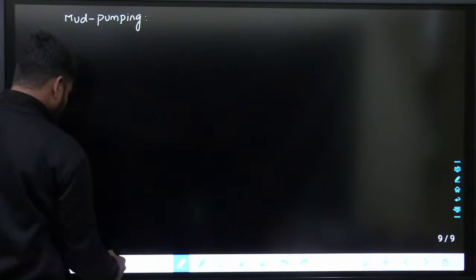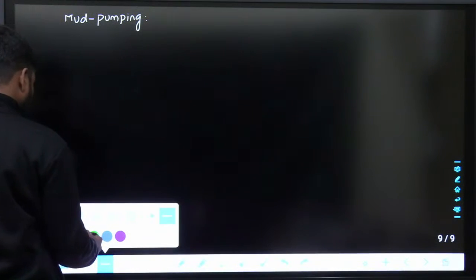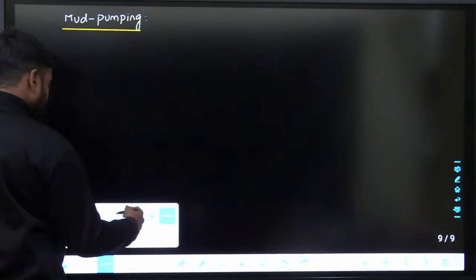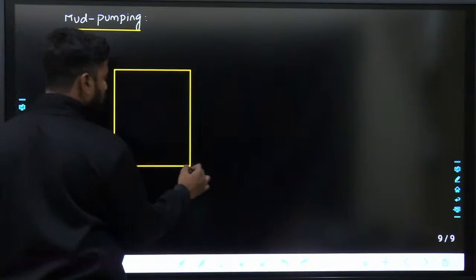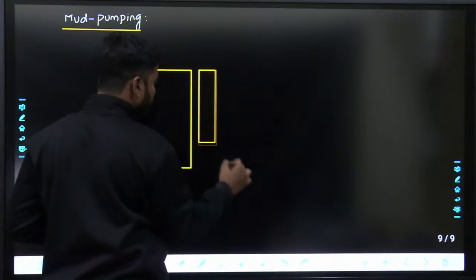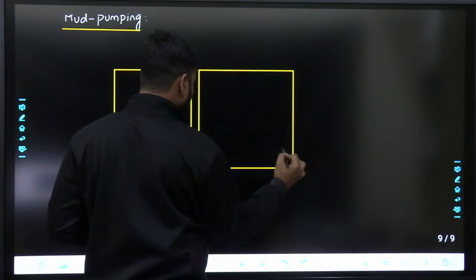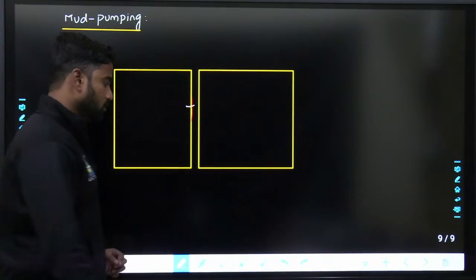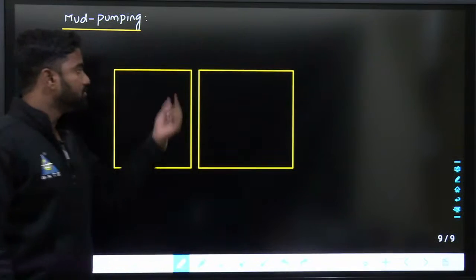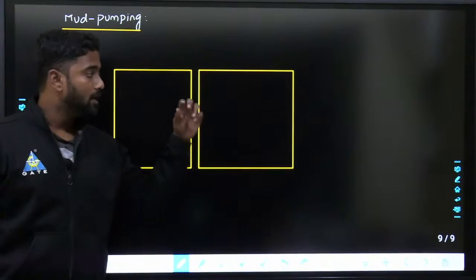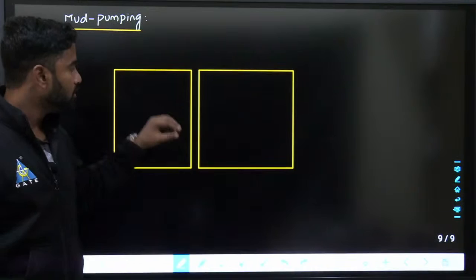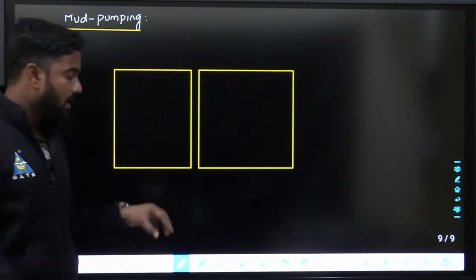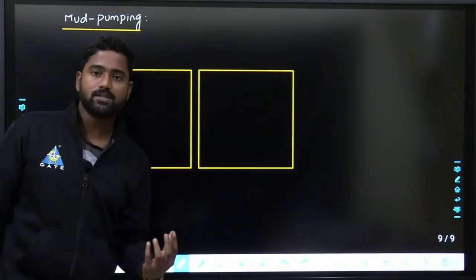Mud pumping. If you remember, I said there will be certain joints in rigid pavement, right? So in rigid pavement there will be some joints that are present over here, right? In rigid pavement there will be a certain number of joints. During rainy season, water will enter through these joints, and it will mix with the subgrade that is present below.